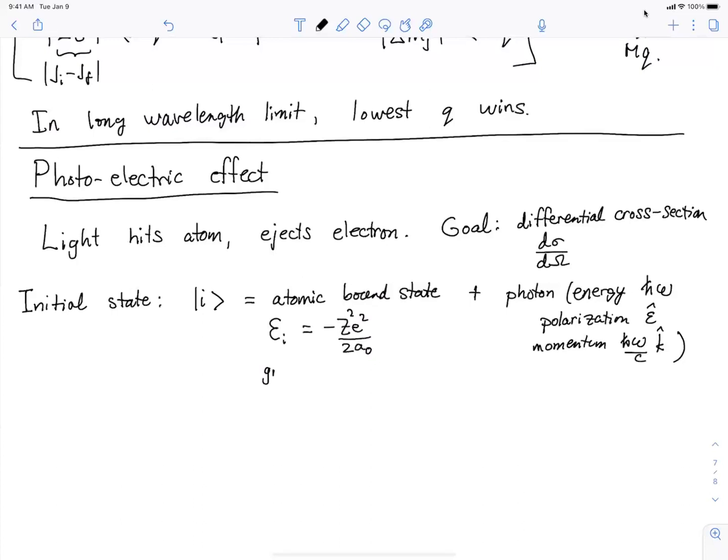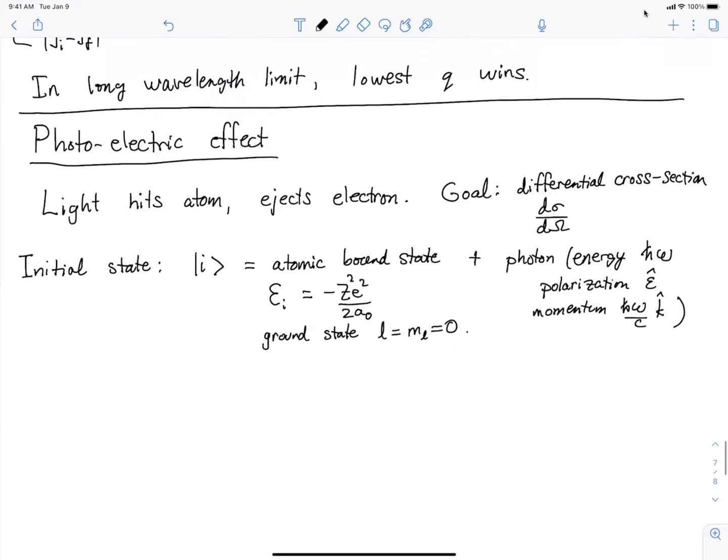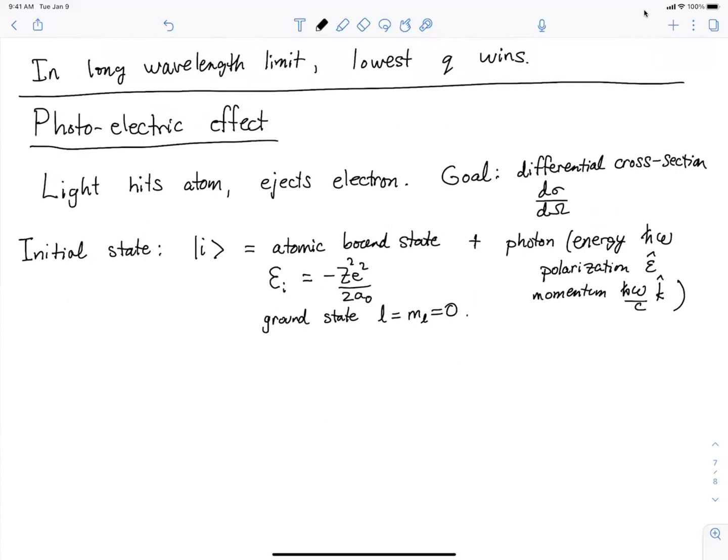Okay, so this is going to be a ground state. In particular, that means the angular momentum and its z component are both 0. We'll write down the wave function for it later, but it's basically just a hydrogen-like state. And there's no reason we can't do this for other states. It would just be a little more complicated. And we're just trying to illustrate the idea here without being too complicated.